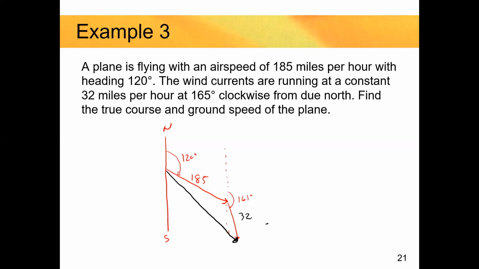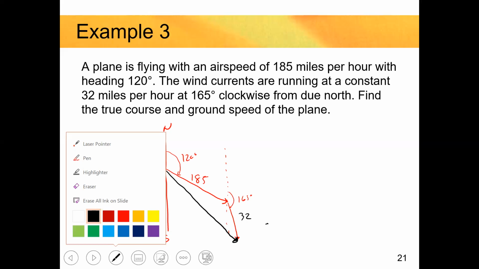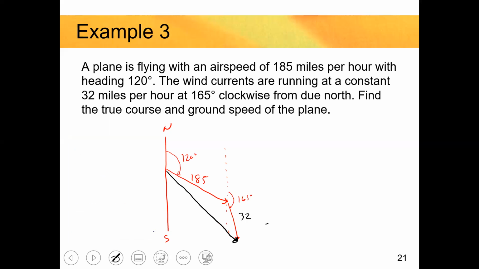All right, let's see. Is there an angle that we can find out? Guess that's the next question. So first, if this is 165, this little piece right here would be 15, right?